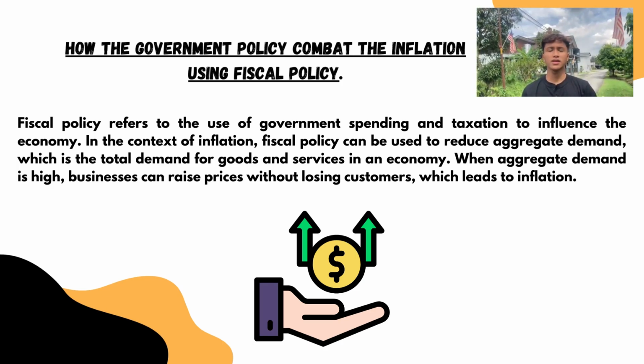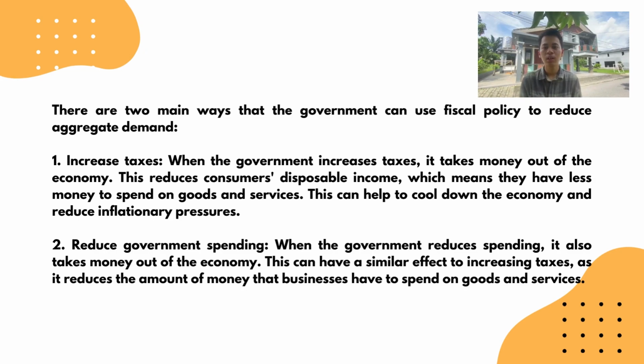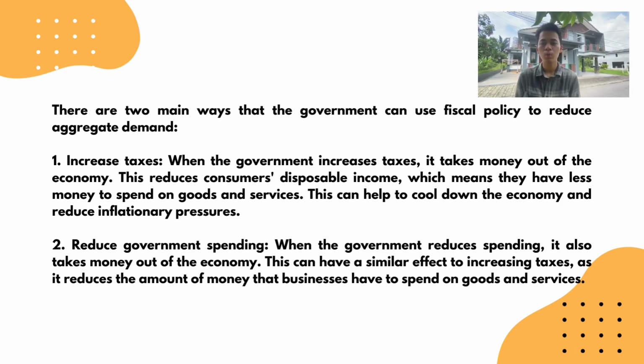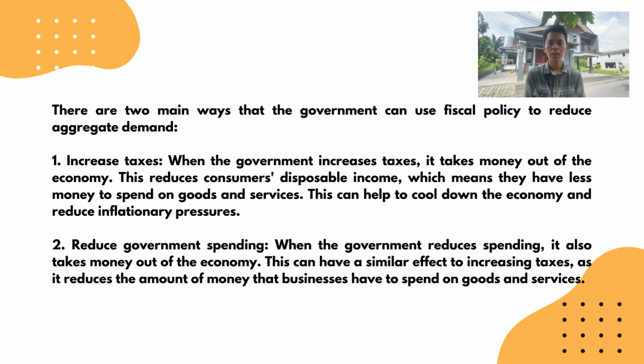When aggregate demand is high, businesses can raise prices without losing customers, which leads to inflation. So there are two main ways that the government can use fiscal policy to reduce aggregate demand. First, increase tax. When the government increases tax, it takes money out of the economy.